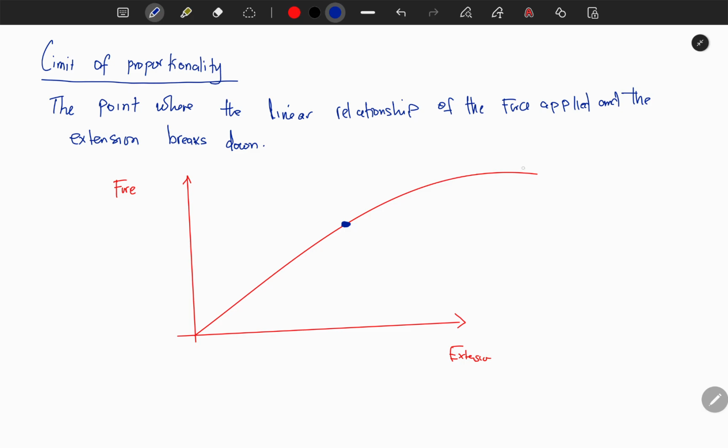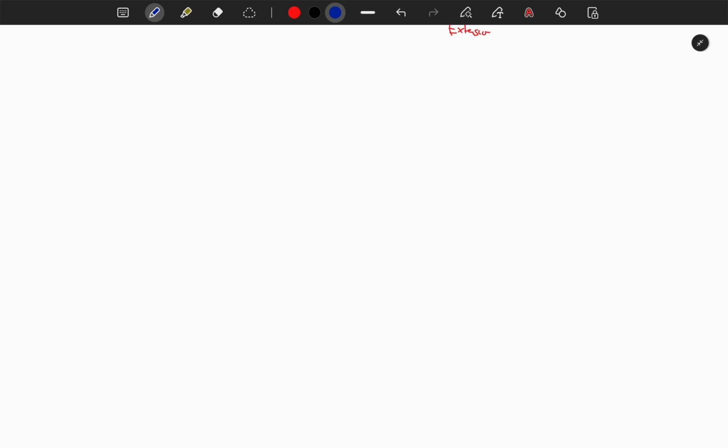So from there, coming down here, that's where we have our elastic limit. But here, this is where the straight line has ended. So we have the limit of proportionality. Are we together, right? Something like that.